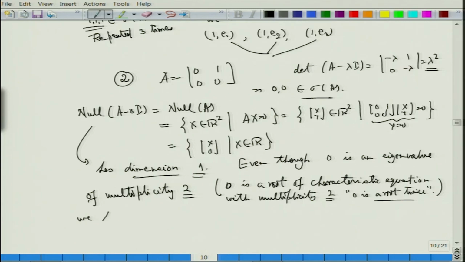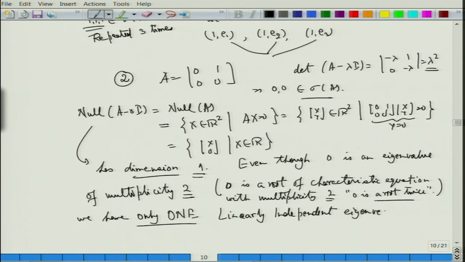We have only one linearly independent eigenvector, and we can take it as E1 itself.